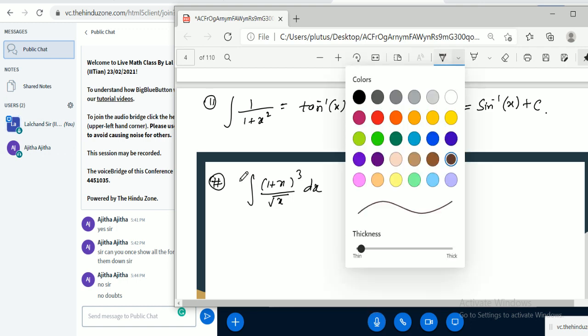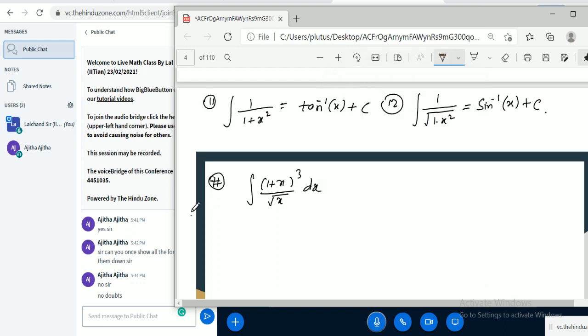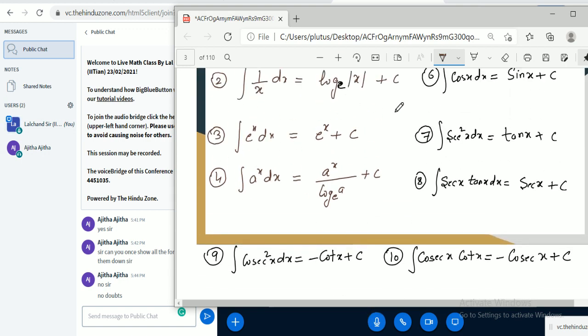Look, whenever we have a question that is like an algebraic expression, sometimes we need to break that expression into simple terms whose integrals are known to us.